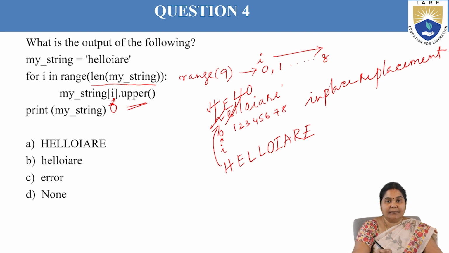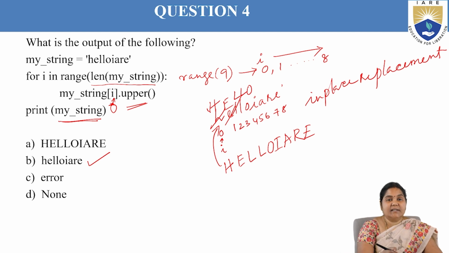Due to that reason, if you print the value of my string, it will print the same hello IARE only, because inside my string the same hello IARE in lowercase is there. It has been converted, but you have not stored it anywhere in a new string. That's why in-place replacement is not possible.